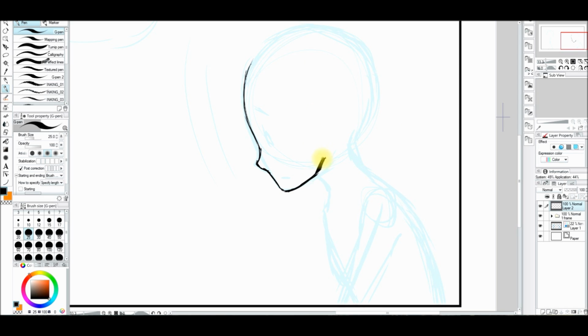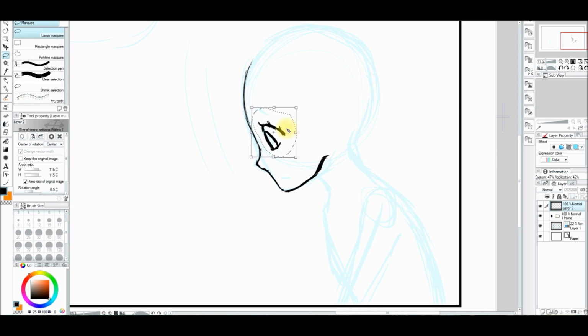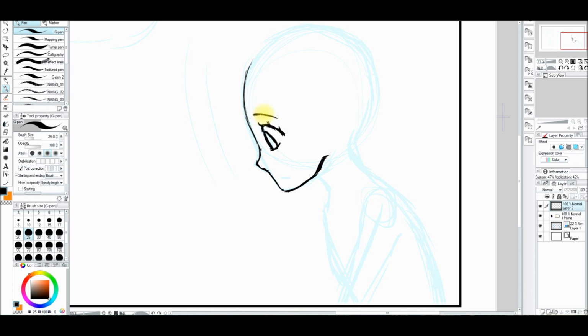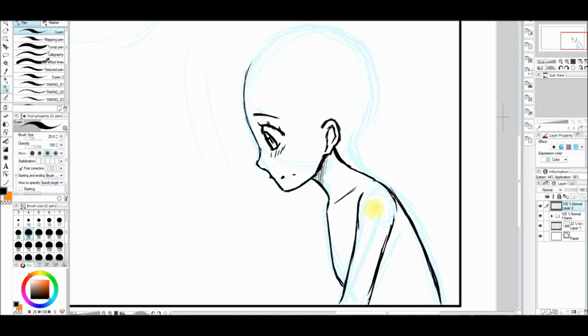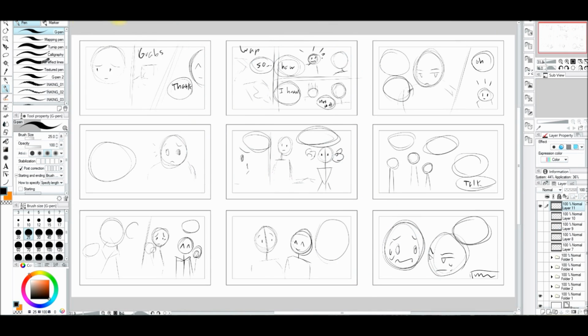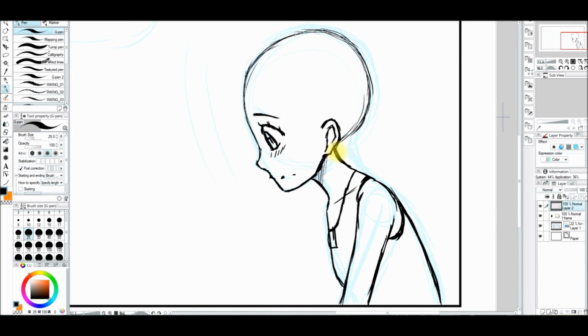Maybe I would name them a soft sounding name like Leah or Hannah. Or if, let's say, I wanted a more edgy character, that's sassy and edgy, I would maybe name them something like Roxy.